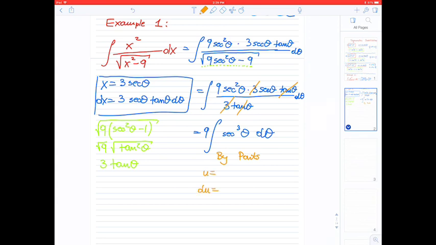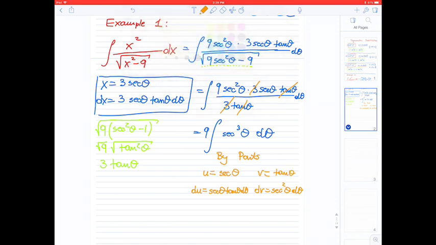u, du, v, dv. I will pick secant theta for u, and for dv I will pick secant squared theta d theta, because it's easy to anti-differentiate. The derivative of secant is secant theta tan theta d theta, and the antiderivative of secant squared theta is just tan theta.